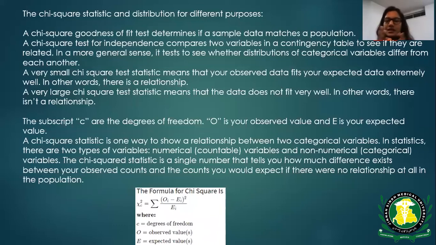Blood pressure would be the countable variable, and the non-numerical categorical variable would be gender, males, females, 1:2 ratio. In that case, we use the Chi-square statistic and show the relationship. Again, it's a higher class, just go through it and see the formula. It hardly appears in the exams.